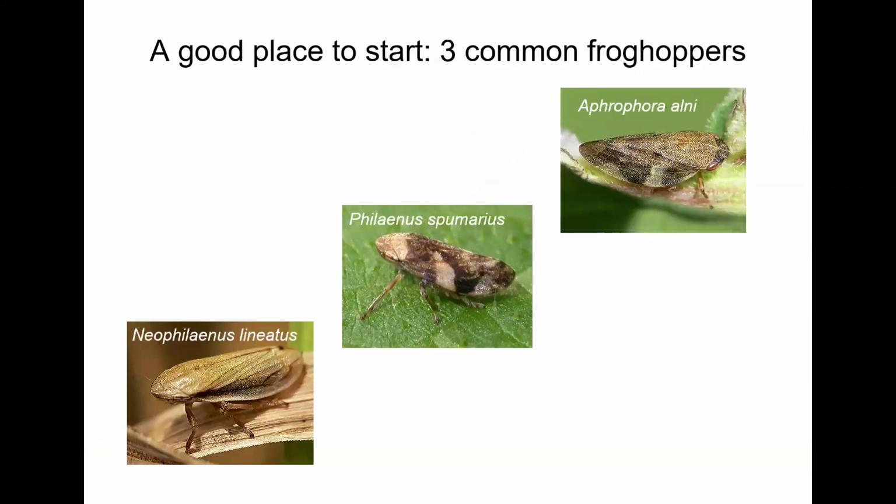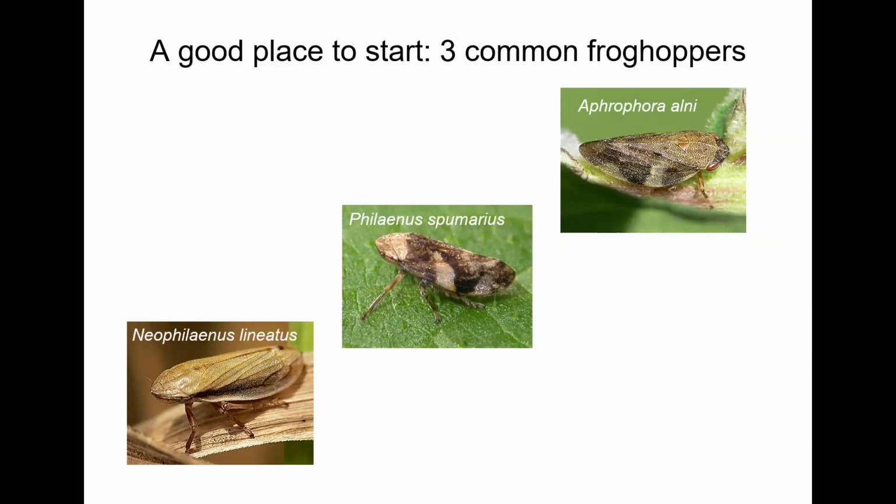Now, I think from the point of view of people just starting out in this group who perhaps hadn't had any experience of it before, this is a very good place to start because there are three species in the Aphrophoridae, in the froghoppers, that are extremely common and widespread. If you go out to really most sites, certainly grassland or a waste ground site or something like that, you're almost certainly likely to find at least two, if not three, of these species.